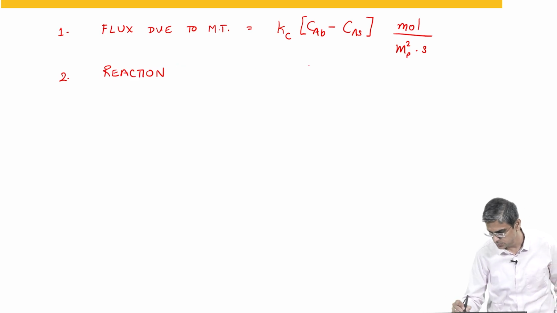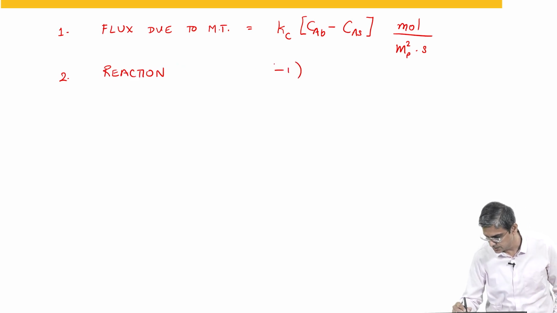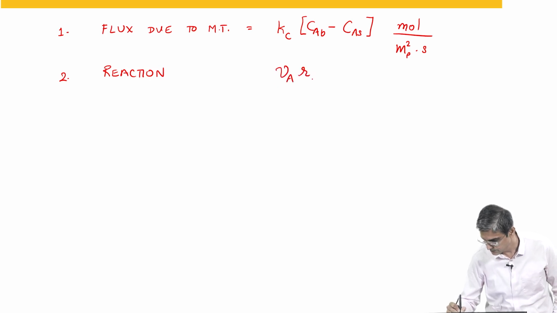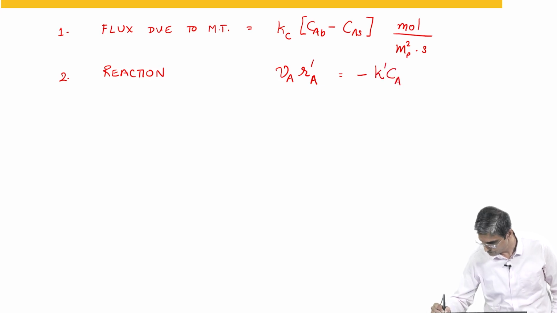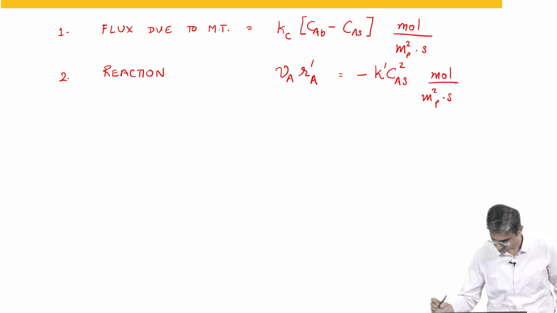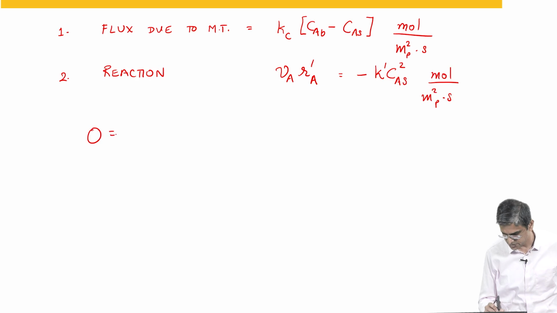The reaction term is minus 1 multiplied by the rate. And 0 equals in minus out.